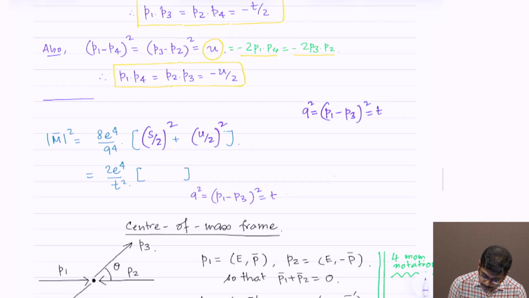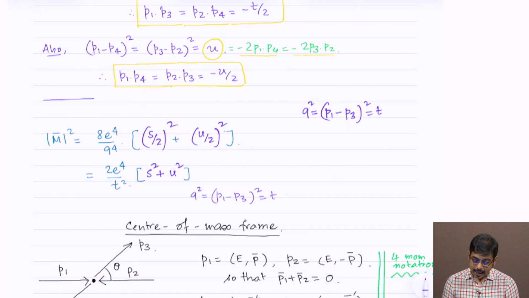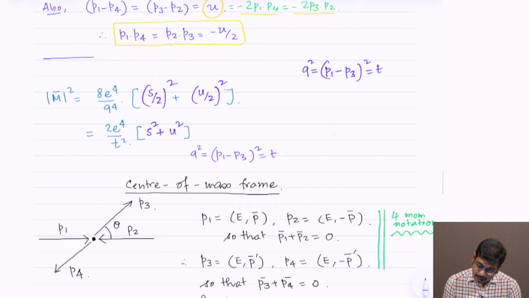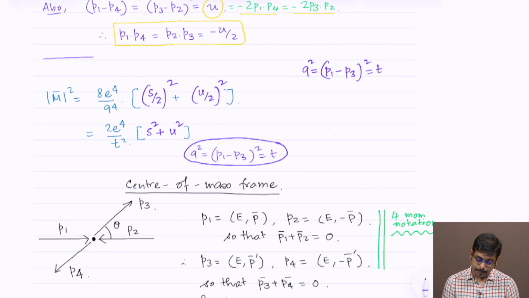Therefore, you have a beautiful and cute expression for this matrix element square, that this is 2 e to the power 4 by T square, times (S square plus U square). Okay, and this is what we have already used, that Q square is equal to T.